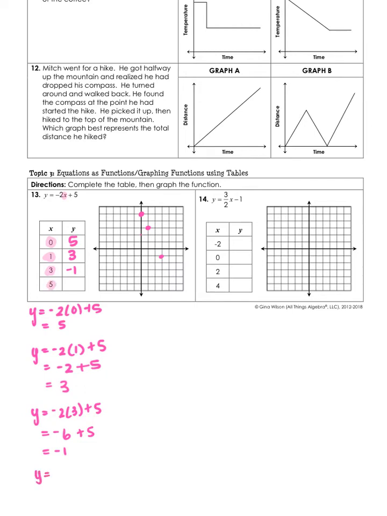So y equals negative 2 times 5 plus 5. Negative 2 times 5 is negative 10. Negative 10 plus 5 is negative 5. So our last point is going to be right 5, down 5, and it would look like that. So this is what our function would look like graphed. Go ahead and try number 14 on your own.